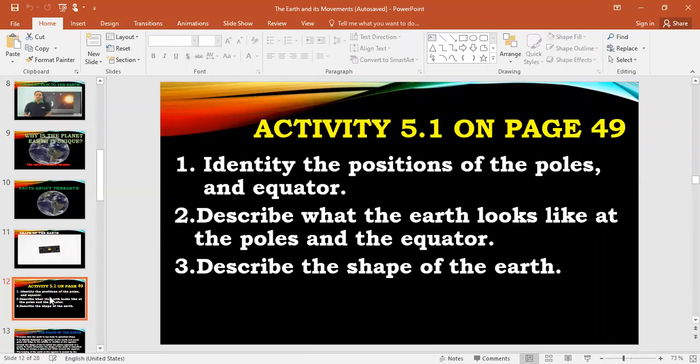So on page 49, that is the activity. Can you identify the position of the poles and the equator? Describe what the Earth looks like at the poles and at the equator. Describe the shape of the Earth. You have 3 minutes.